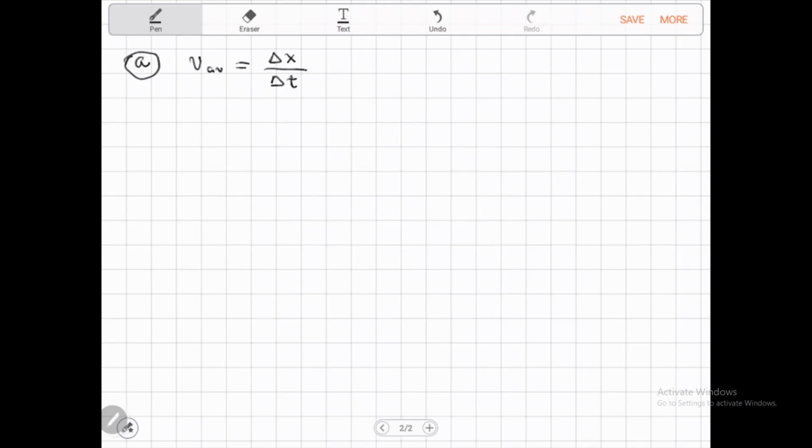We have to remember that delta x is the change in the position, and that delta t is the change in the time.